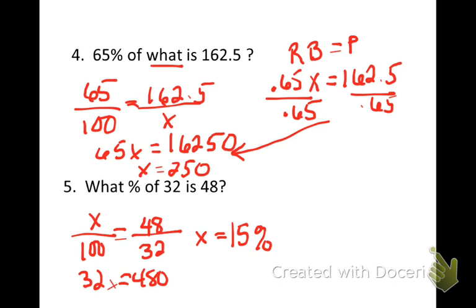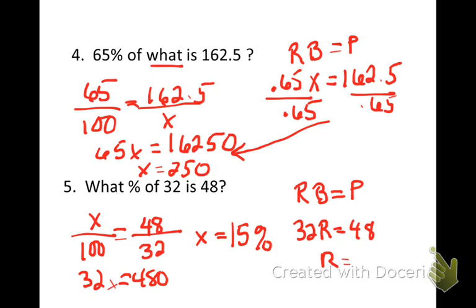So 15% would be, what would we get there? If we wanted to use rate times base equals part, we don't know our rate. We know the base, so it would be 32r equals, the part is 48, so we divide by 32, and you're going to get r equals, something wrong there. 480 divided by 32 equals, that's correct.